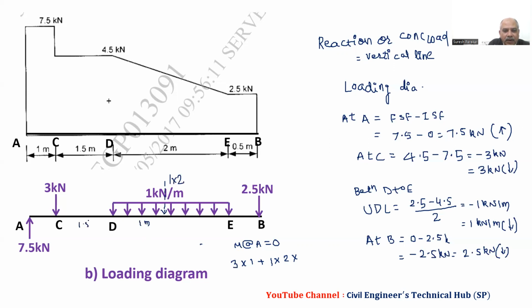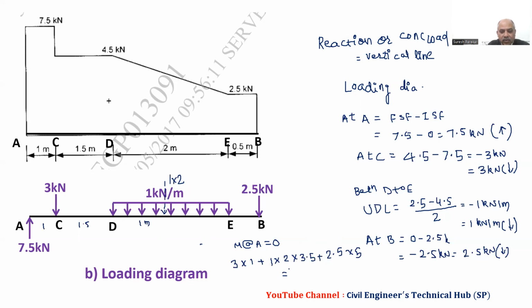So this is 1.5 and 1, so 3.5. And due to 2.5, we have again plus 2.5 into 5.